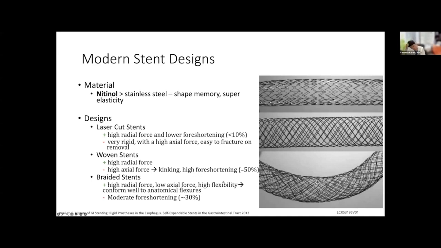That's innate to its material of nitinol. But because of the stent design too, it helps it to conform to non-straight, bendy anatomical endoluminal space. The downside, again, was moderate foreshortening, around 20 to 30%. Obviously, better than the woven stents.